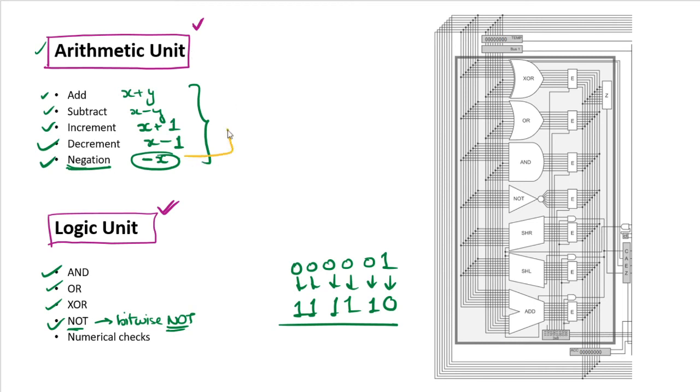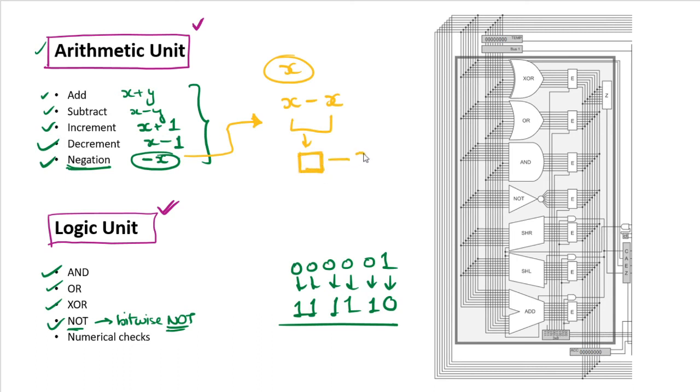If we want to negate x, we will use subtraction. We subtract x from x and get 0, so the accumulator will store 0.